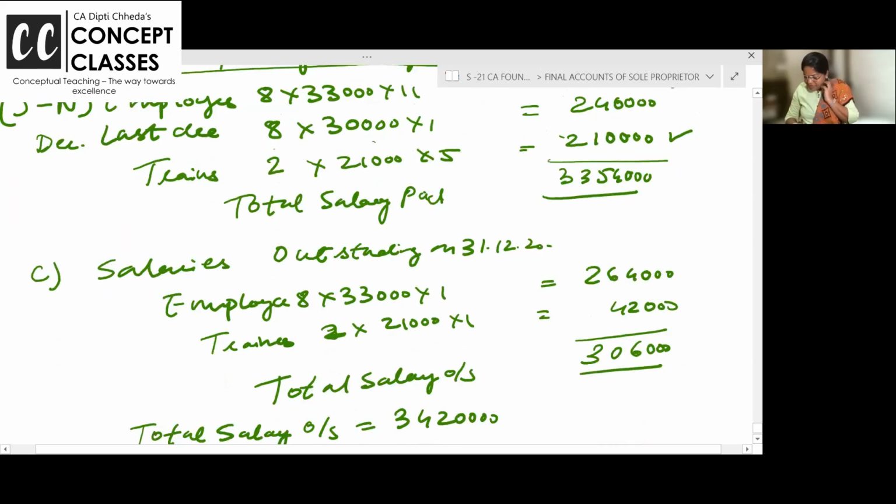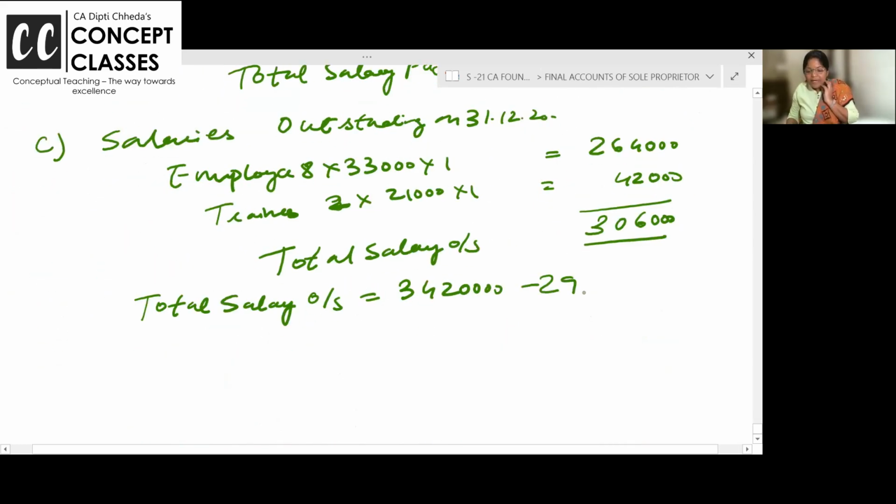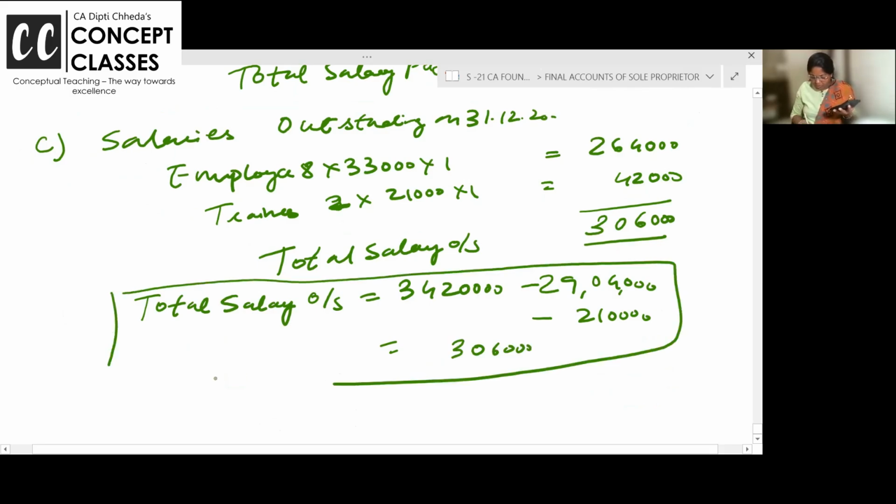Now for this year you have paid 29,04,000 and you have paid 2,10,000. Now if you do it, it will tally. Last year's payment for the current year is not included. 3,06,000 is not required. You can put it in a box. This is extra. But I hope this is a beautiful logic.